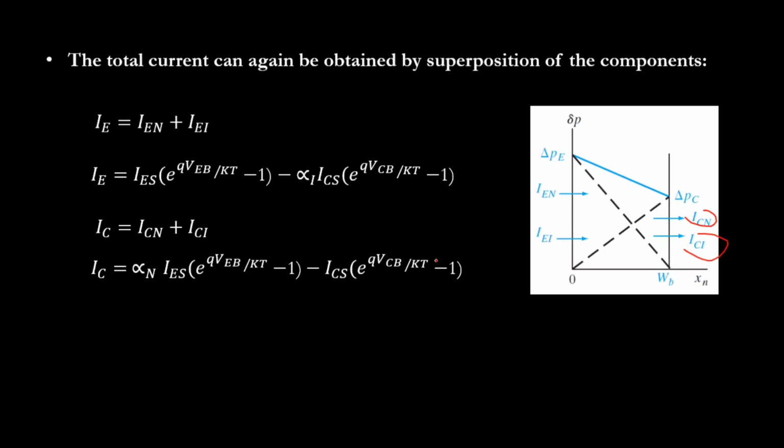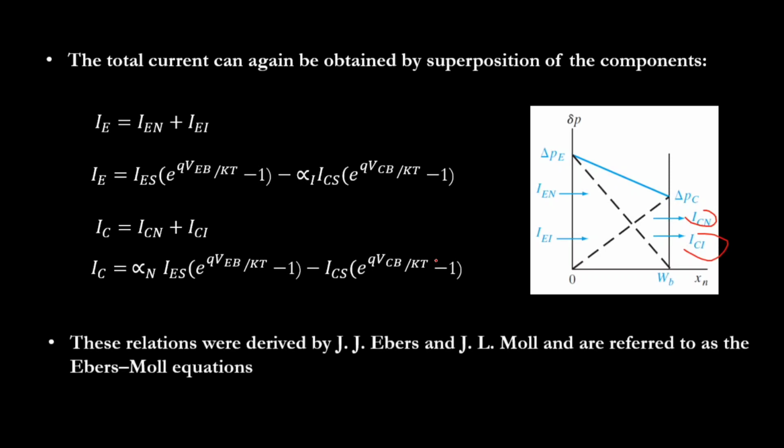So this equation is known as the Ebers-Moll equation. Using this expression we are going to model our BJT. When we model our BJT, look, this is actually the diode current.